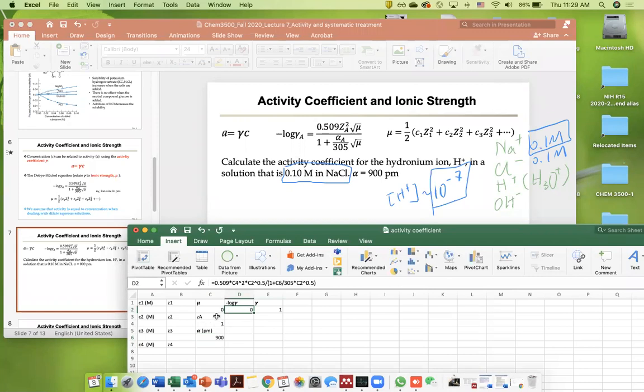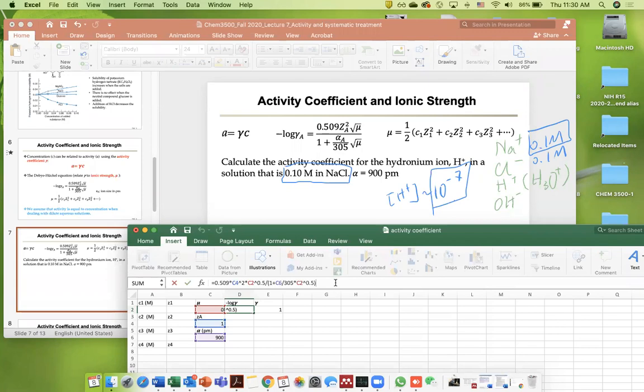C4 is the charge, right? And then multiply the square root of C2. C2 is the mu here, right? And in the denominator, we have 1 plus alpha A, which is C6 here, right? And then divided by 305 multiplied by the square root of mu again, C2, okay?